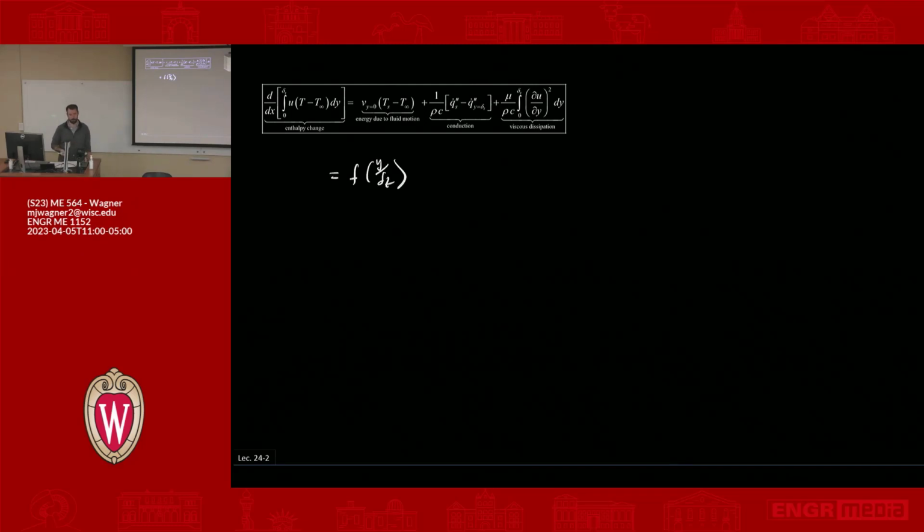So I'm going to use a normalized temperature. I guess we could say T of y minus Ts, divided by T infinity minus Ts. There's a normalized temperature. By definition, it's going to be between 0 and 1.